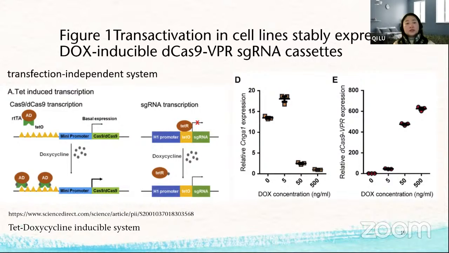This inducible system uses the TET receptor and the DOX inducible system. Generally speaking, the expression level of the dCAS9-VPR system is controlled by the TET receptor system.